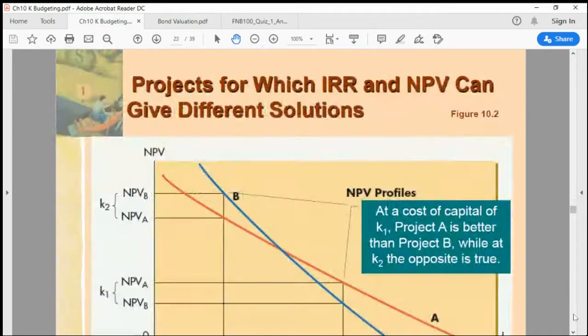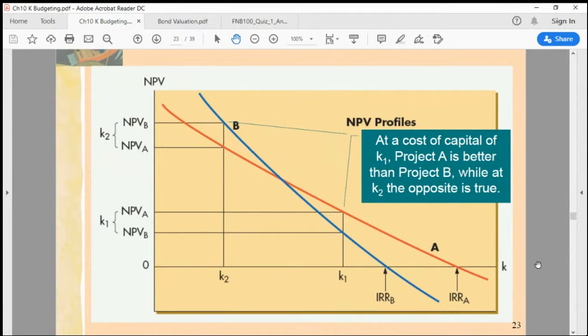This is the case we're talking about. So there's project A and project B, and the NPV, net present value profile of project A is like this.